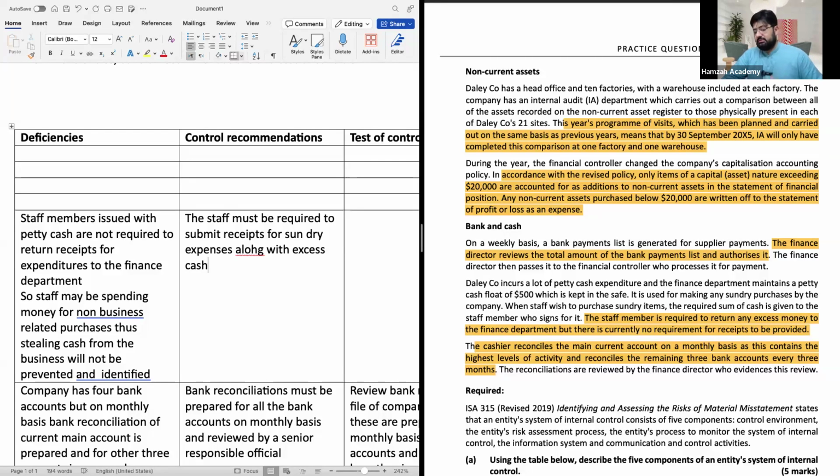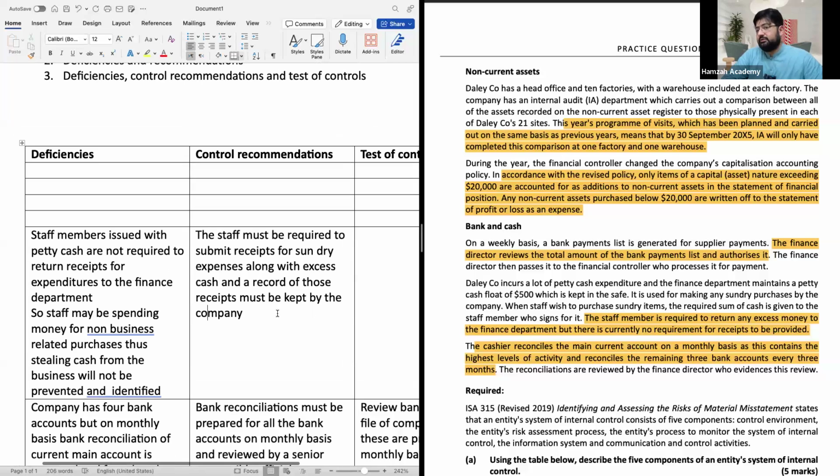They must return that, and a record of those receipts must be kept by the company. Now, this is the recommendation.